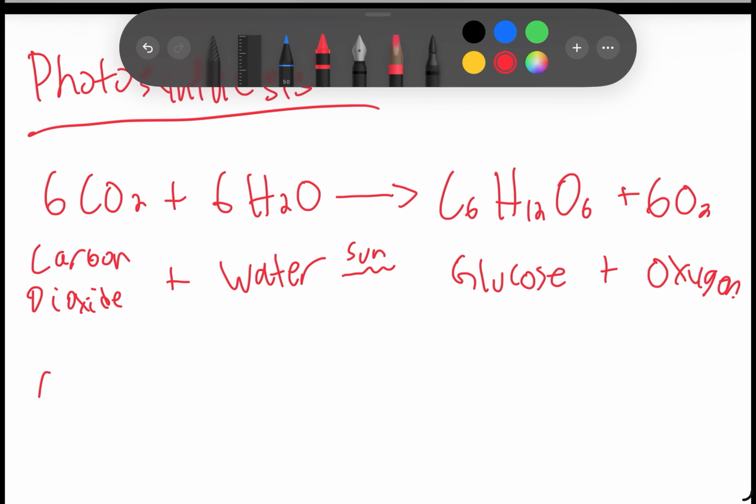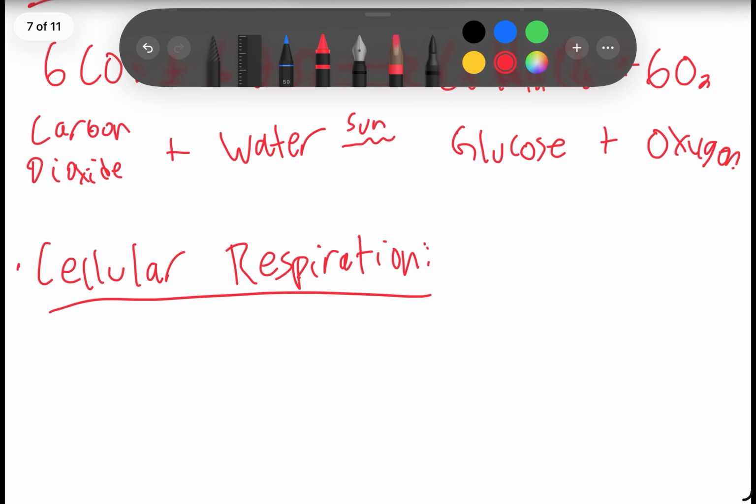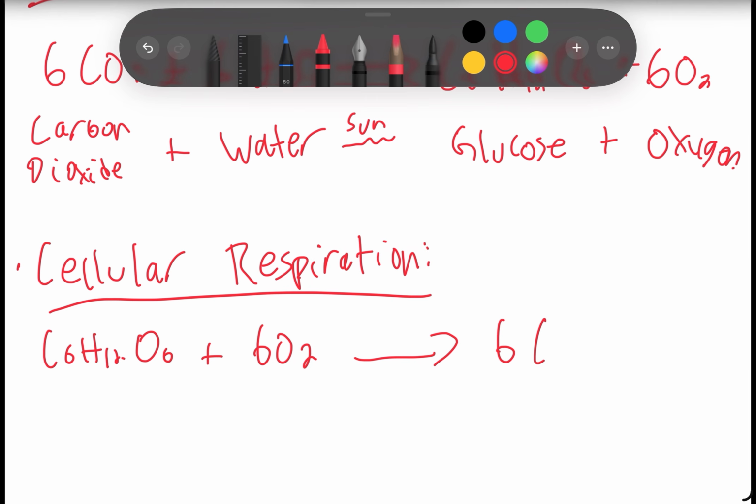So just remember that cellular respiration is the other way. And it goes C6H12O6 plus 6O2 to make 6CO2 plus 6H2O.